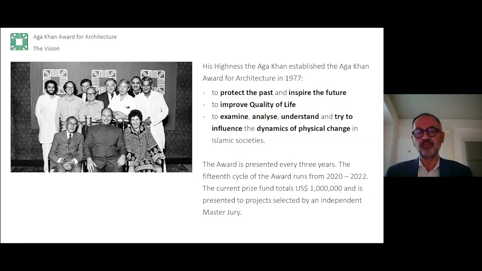And that has been the mission of the award for the past 45 years, to do three things, in fact. One was how to protect the past but inspire the future. And the most important thing, how to improve quality of life. And in order to do that, we have to examine, analyze, and understand what's happening and how we can have an influence. So he created the Aga Khan Award for Architecture in 1977, and the first awards were given in 1980.